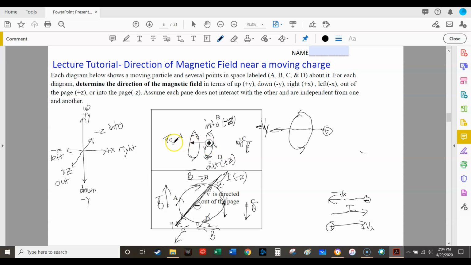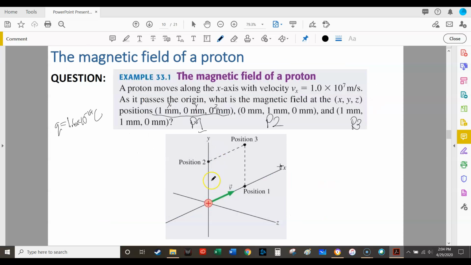So we noted that at position A, since that is along the axis and doesn't deviate in the y direction from this particle, which is moving in the x direction, what we found out was 0. So I'm going to guess that the B field at this point right here is going to be 0 at position 1. Okay?